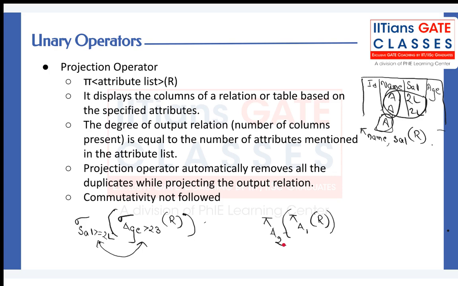Let's say A1 is ID, name, and A2 is name. Can you see any problem if I interchange the two projections? What will happen if I interchange the two projections?